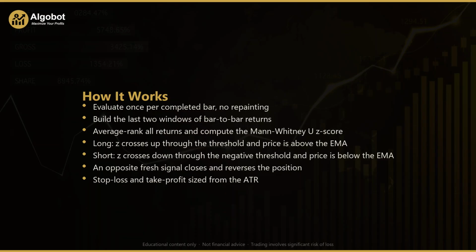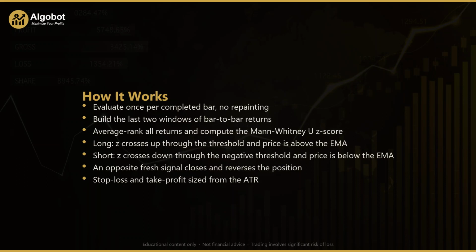Every return in that combined sample is average ranked from smallest to largest, and ties are handled by sharing the average rank. The strategy then sums the ranks belonging to the recent group, converts that into the Mann-Whitney U statistic, and standardizes it into a z-score by subtracting its expected value and dividing by its standard deviation. That single number is the engine of the whole system.